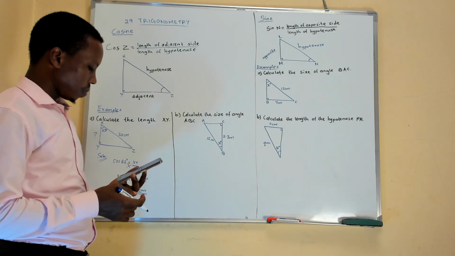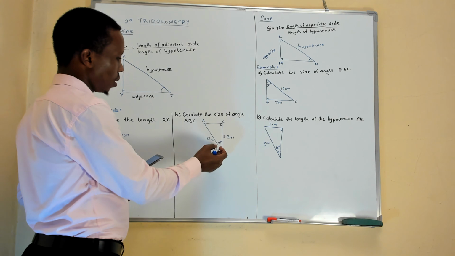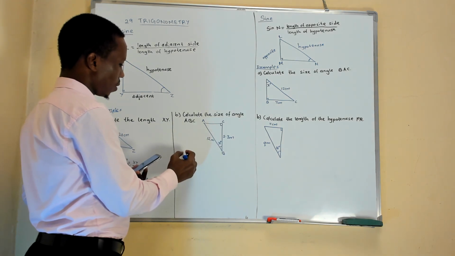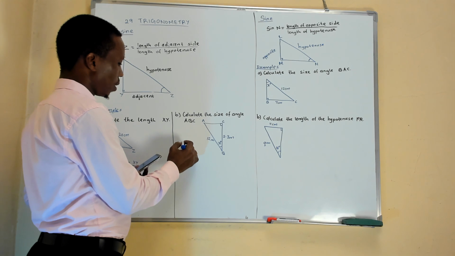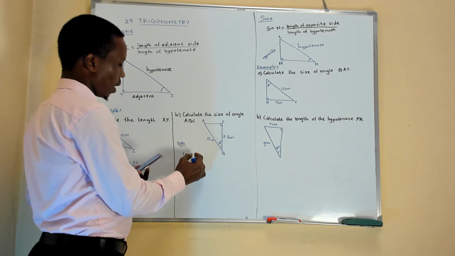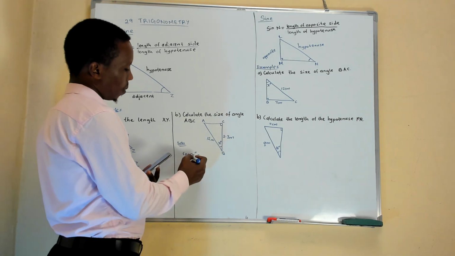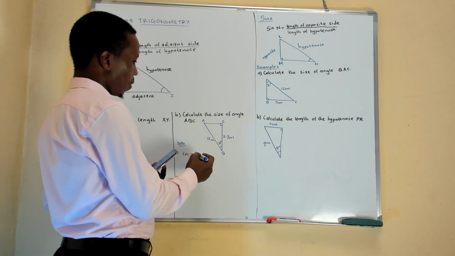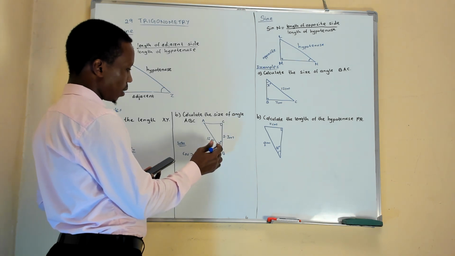And then calculate the size of angle x. So you say on this example B, cos x degree is equals to the adjacent.